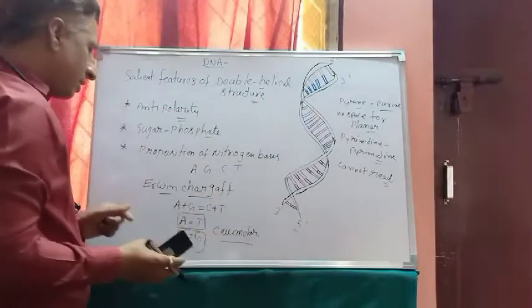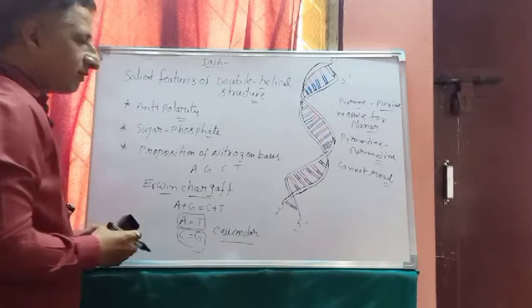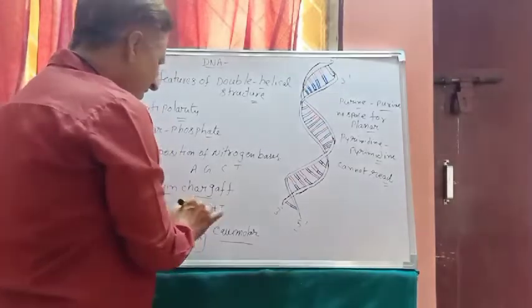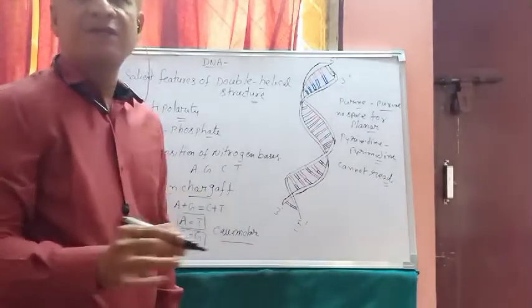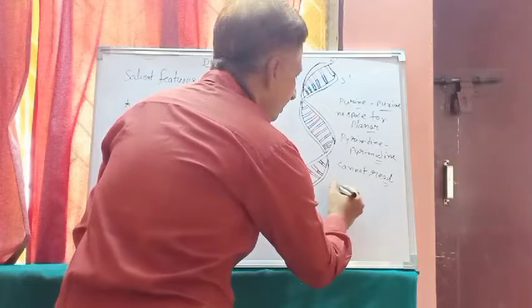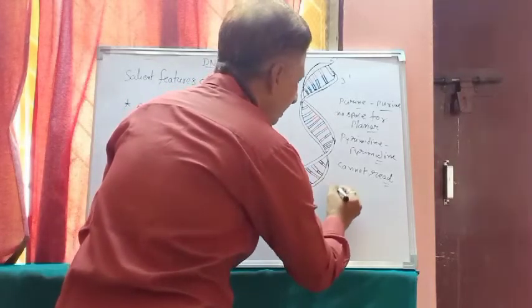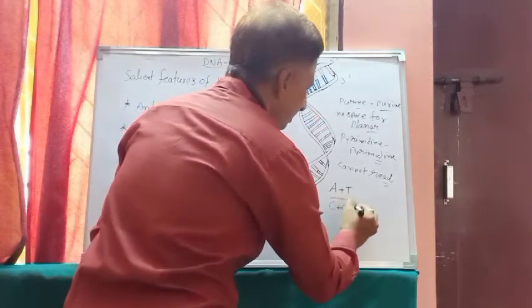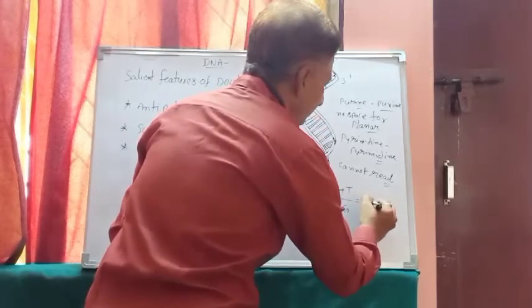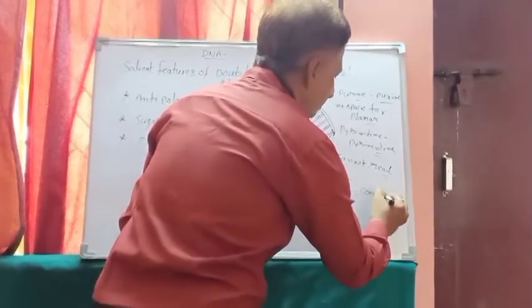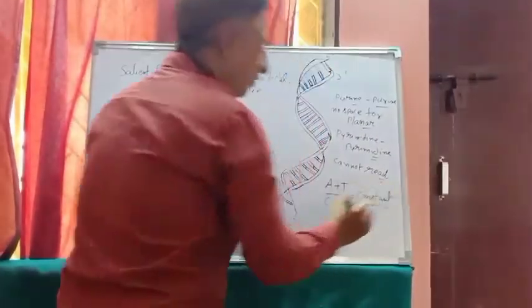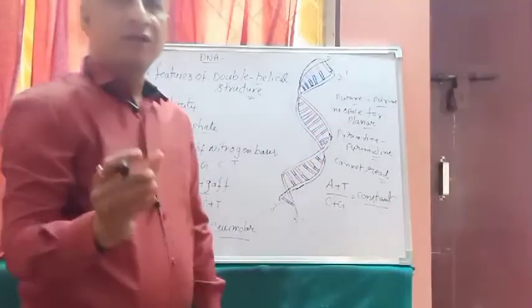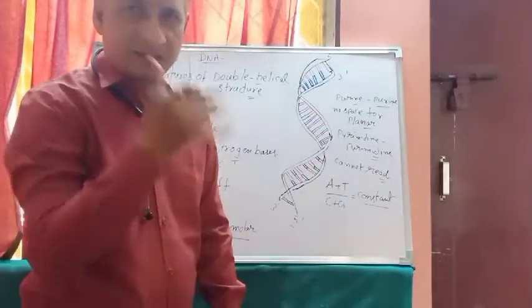Next, Chargaff said that A plus G is equal to C plus T, and A plus T by C plus G is constant and not equal to 1 in specific organisms.